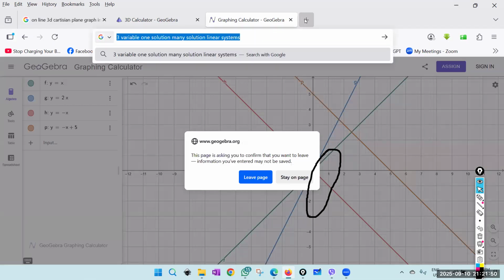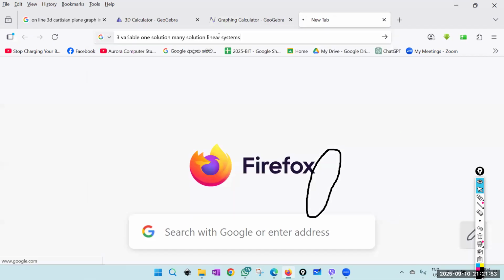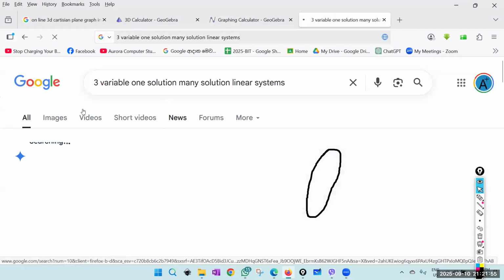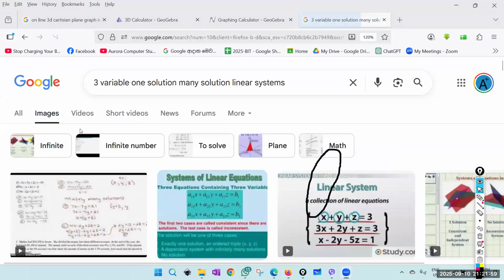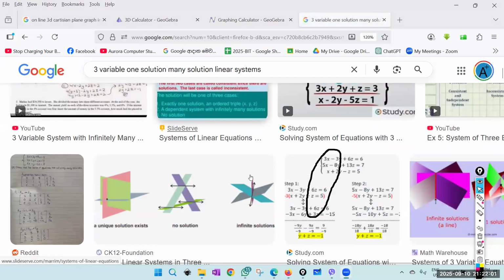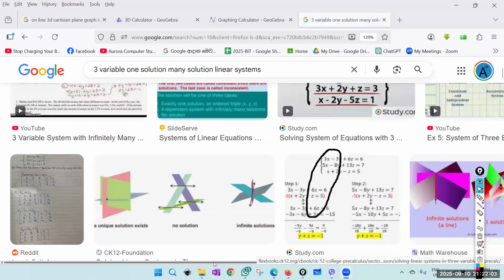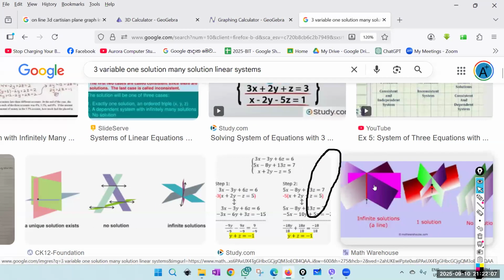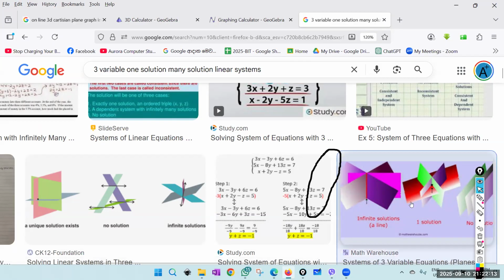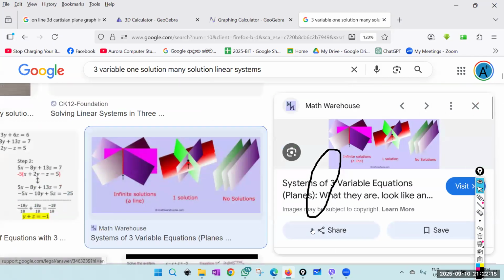Let me go into another one. Something like this. This is a very good example.